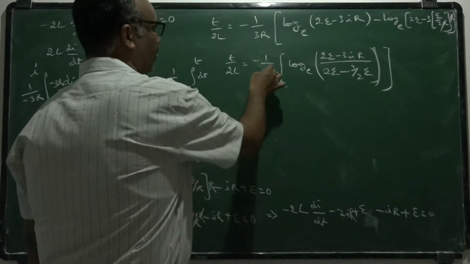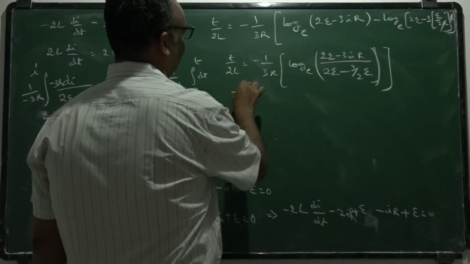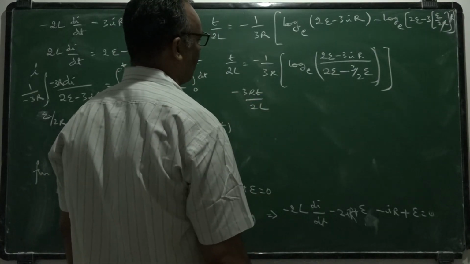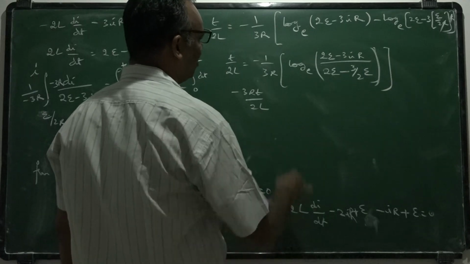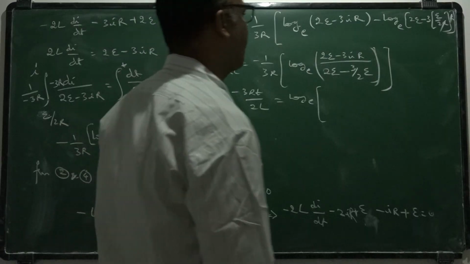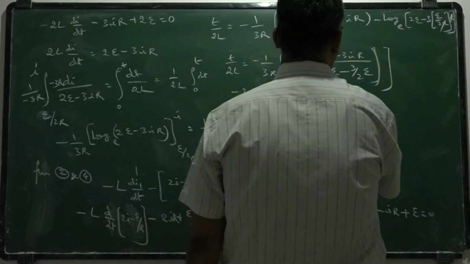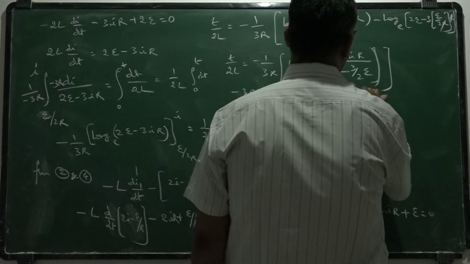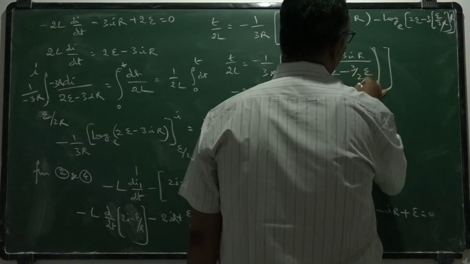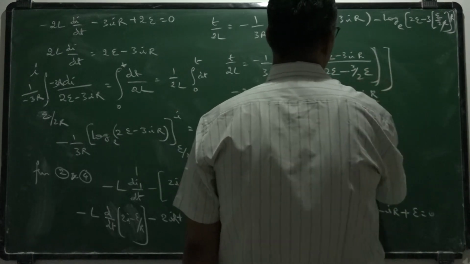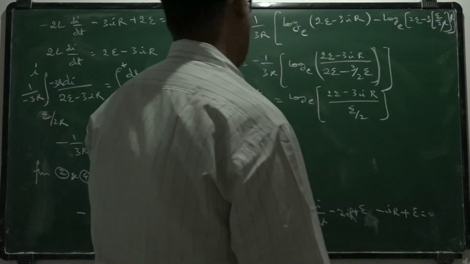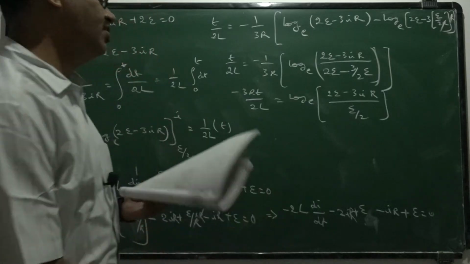So if I bring these values here, minus 3Rt by 2L is equal to log e of 2E minus 3IR by, this is 2E minus, so E by 2 you will be left over here.